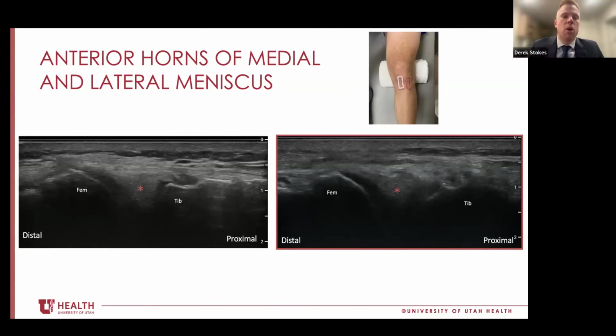We don't see any hypoechoic defects within the menisci, representing that we likely don't have any peripheral tears. We also don't see any obvious hypoechoic or anechoic fluid collections adjacent to the menisci, representing a perimeniscal cyst or a cyst within the meniscocapsular ligament or something like that. Therefore, these are normal menisci.